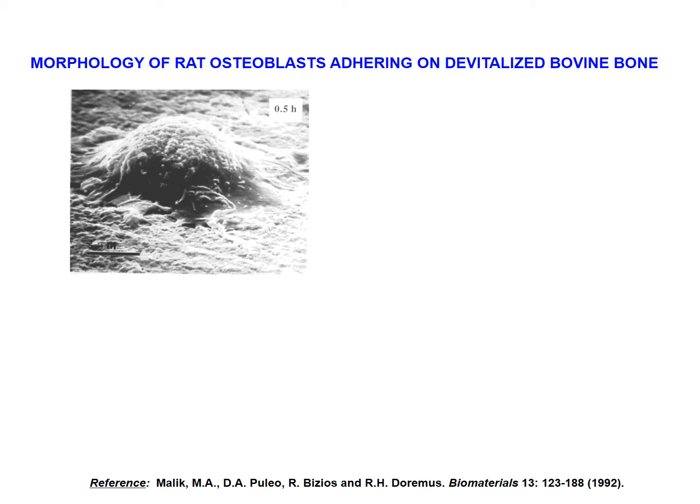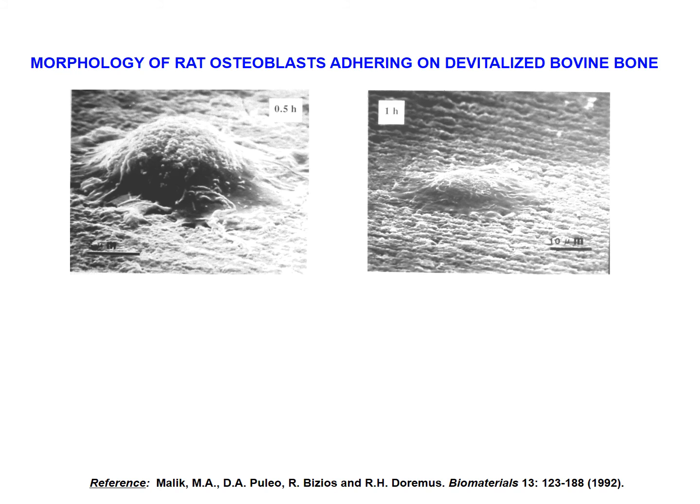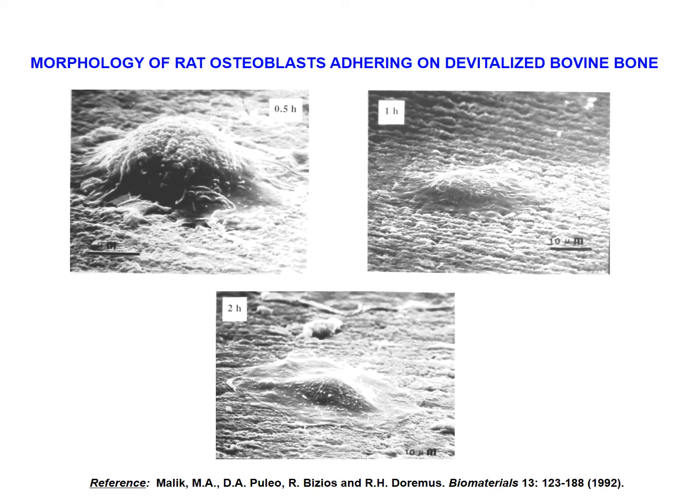You can see the cell half an hour after the initiation of this adhesive interaction, within 1 hour, and definitely after 2 hours, you can see how flat the cell is, but it's still recognizable because in the middle we have this bump, which again is the indication of the nucleus and the organelles inside the cell cytoplasm.